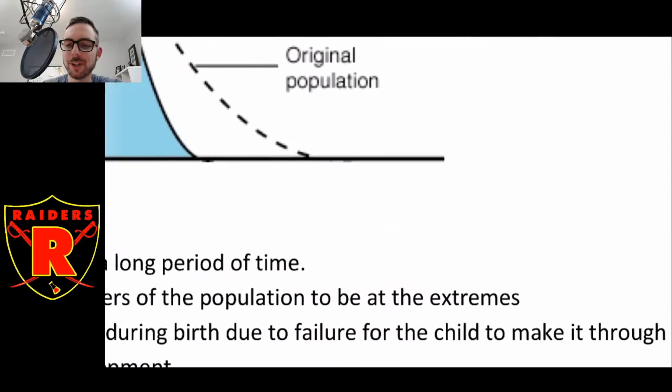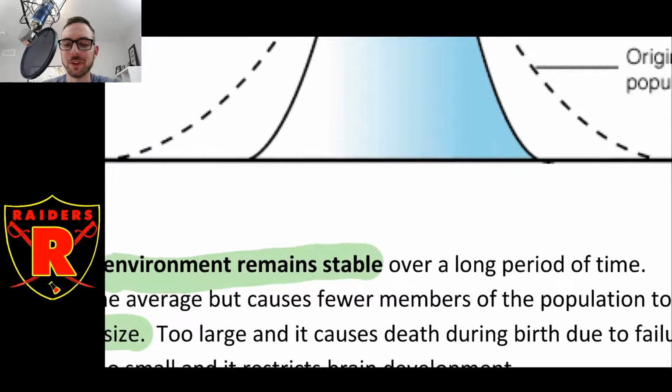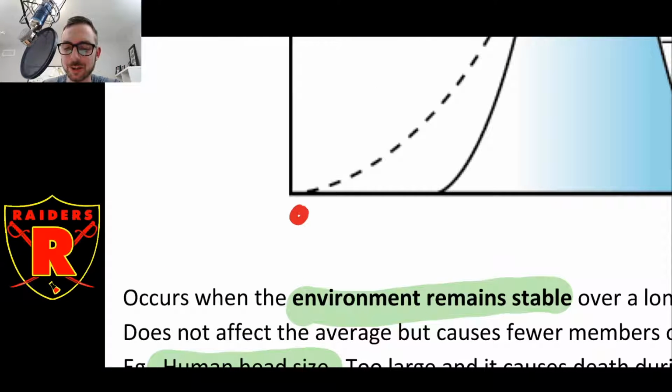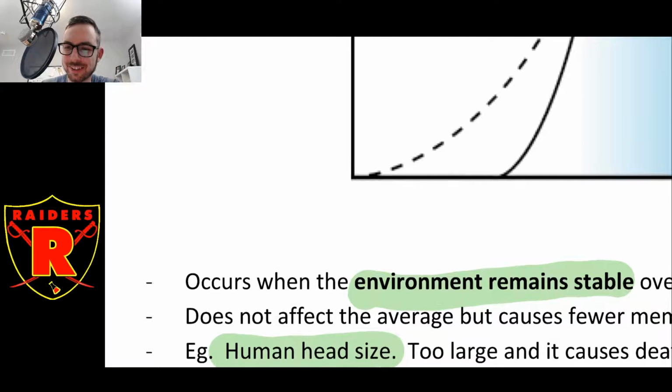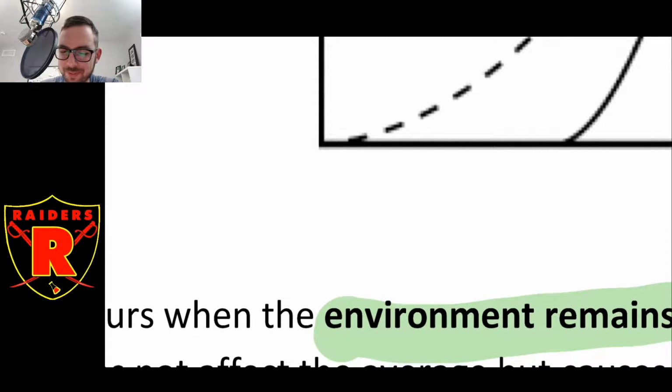So, for example, if over here was a really big head in a baby, and then over on this side was a little tiny head on a baby, okay? This is going to look hideous. Apologies in advance. Okay, over here we've got a little teeny tiny headed baby.